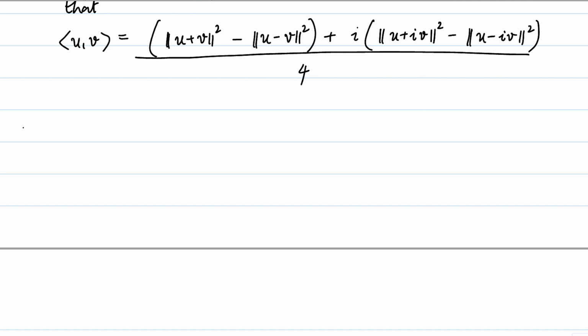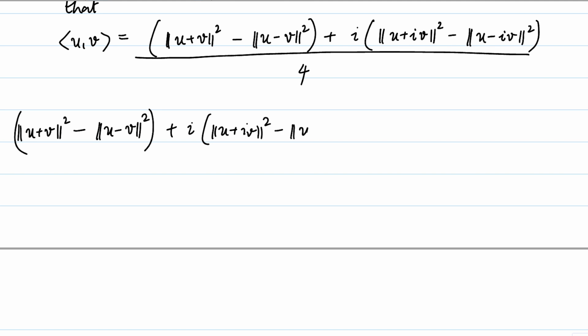So let's look at the length of u plus v the whole square minus the length of u minus v the whole square plus i times the length of u plus iv the whole square minus, this is just going to be a huge computational problem involving i and u, v, but nevertheless it's beneficial to look at it because it will help us get familiarized to using inner products.